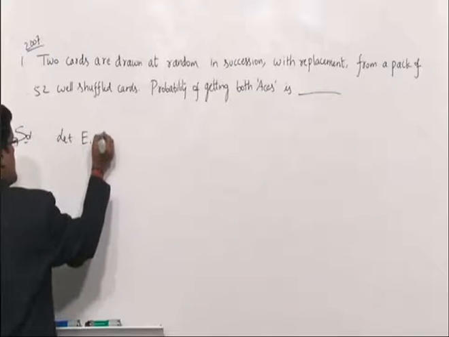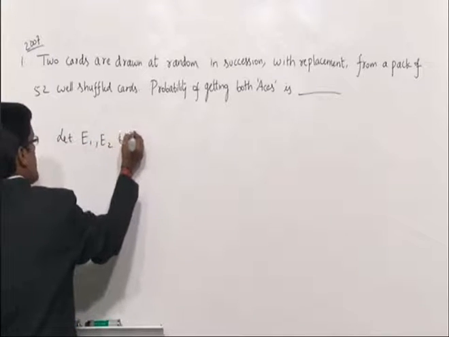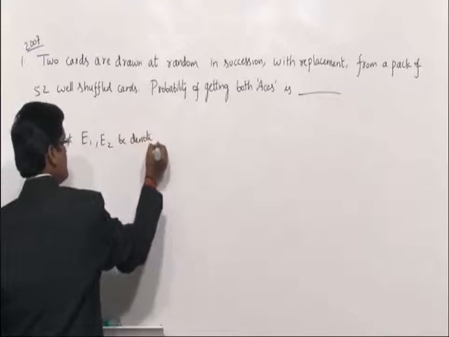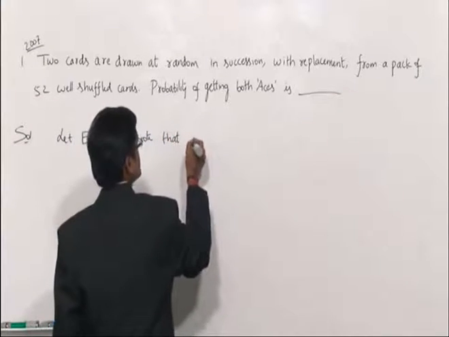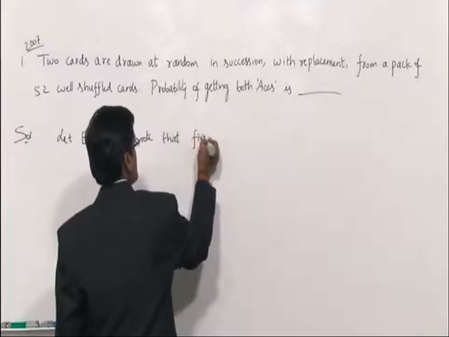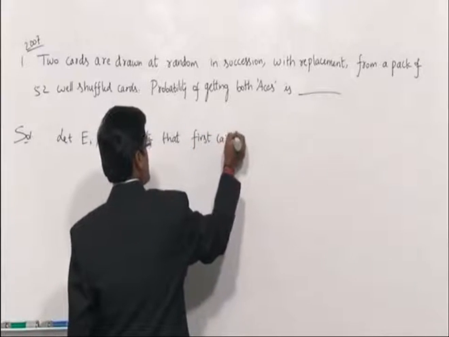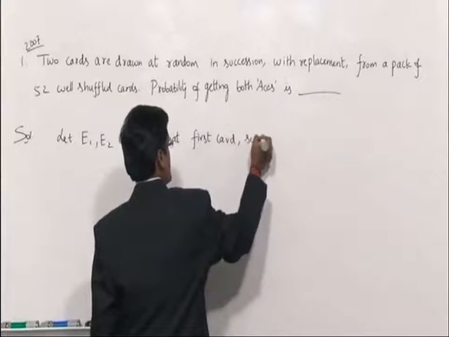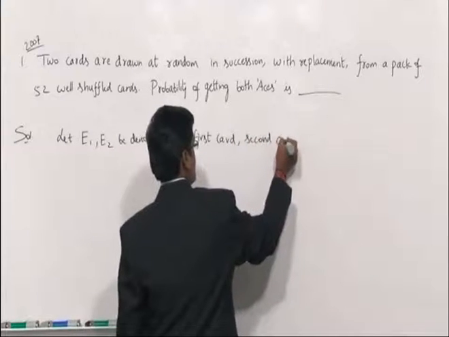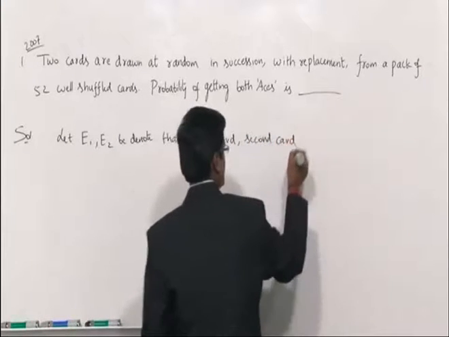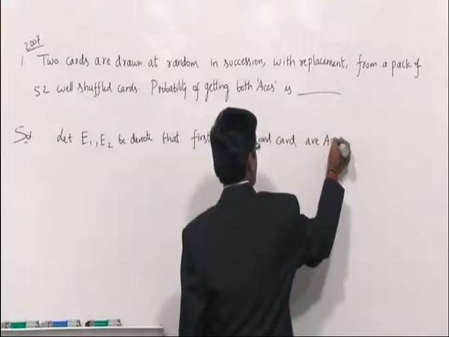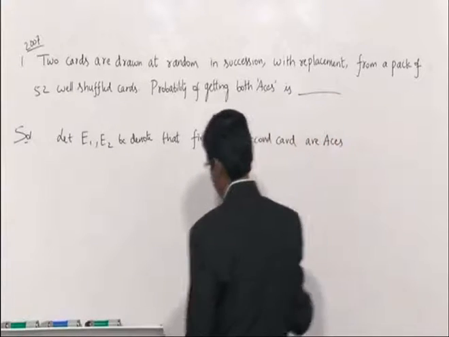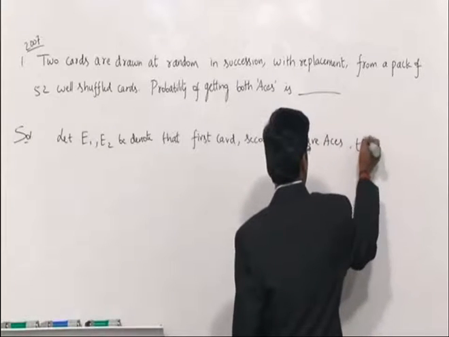Okay. Let E1, E2 be the events that denote the first card, second card are aces. Then what do we have to find?